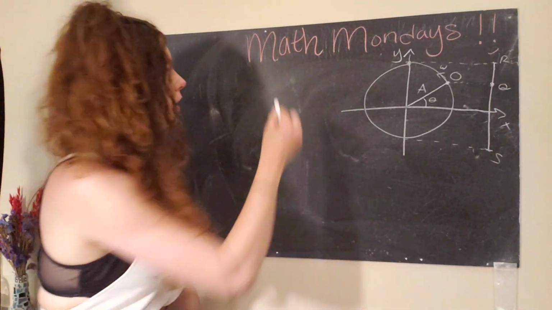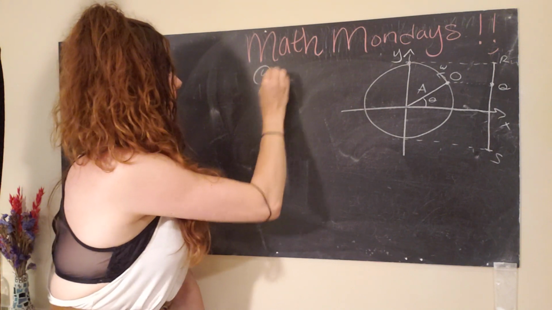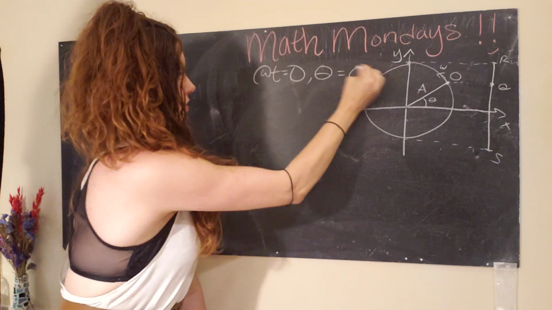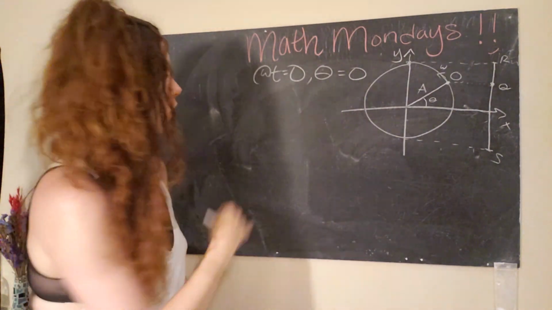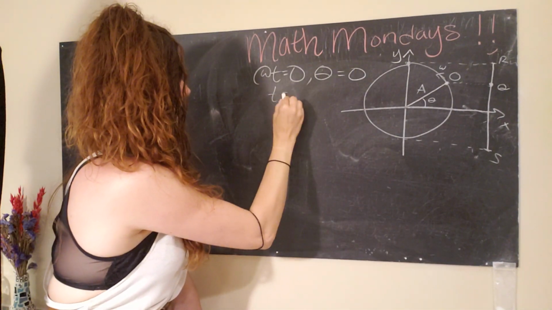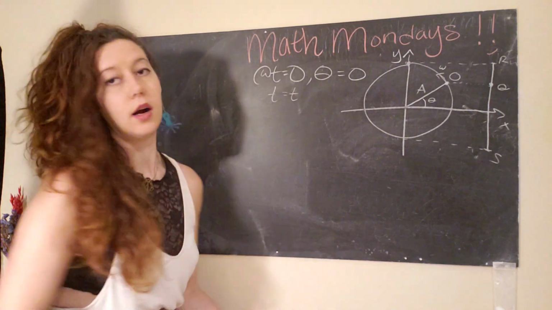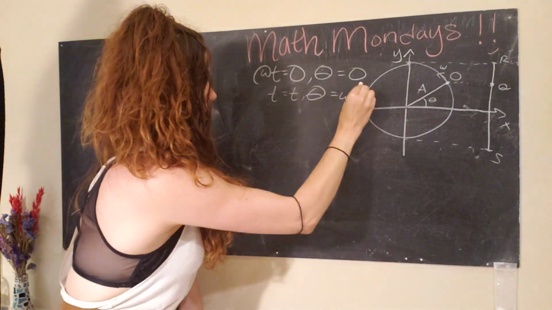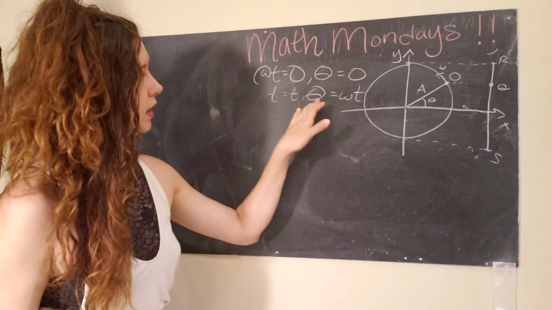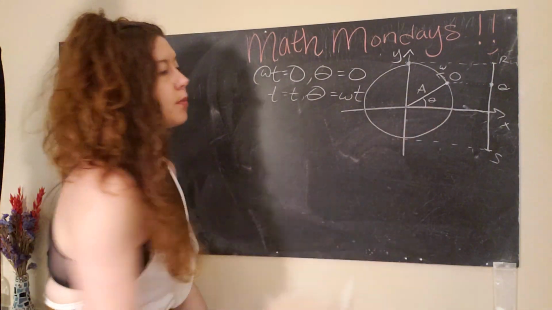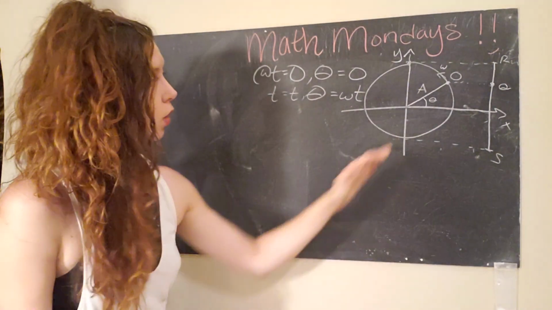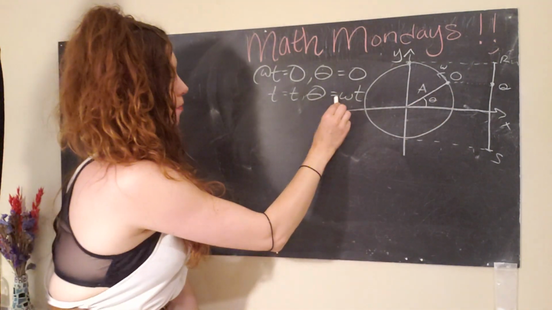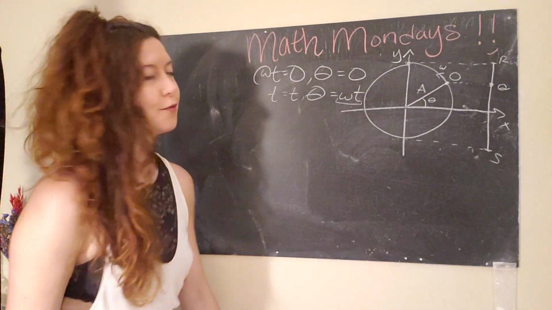Okay, so we are also told that when t equals 0, theta equals 0. And so that also tells us that for any given time t, theta equals omega t.